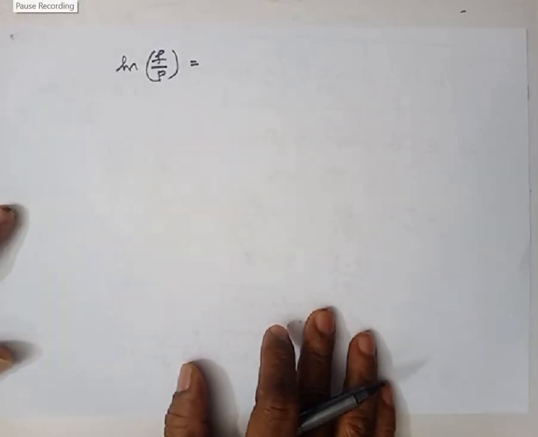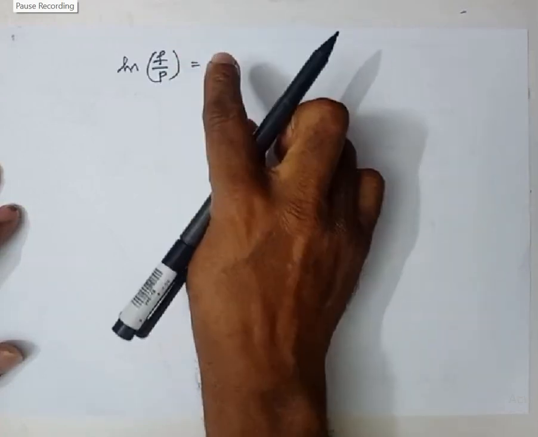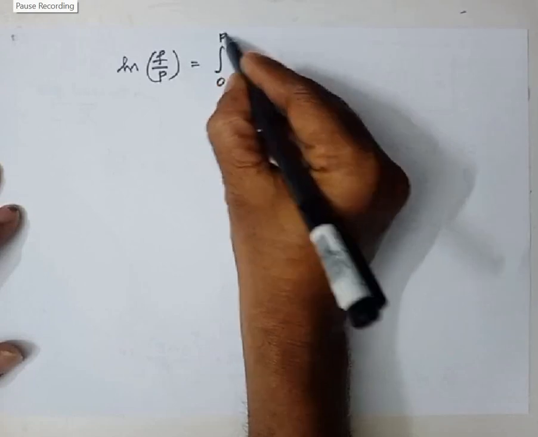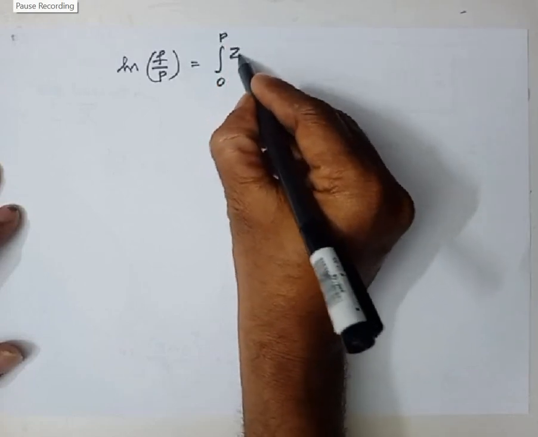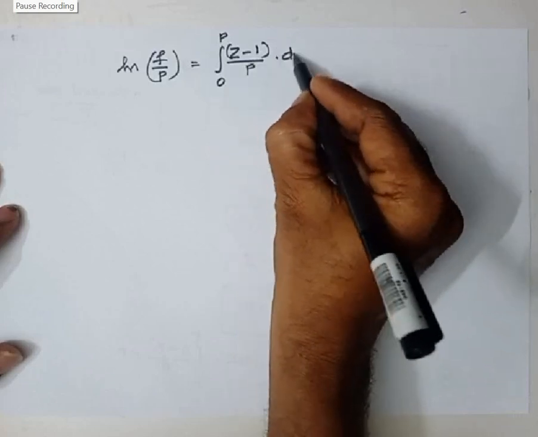Therefore we can write ln F by P as, multiply the minus inside the integration, integral 0 to P, now 1 minus Z becomes Z minus 1 by P into dP.